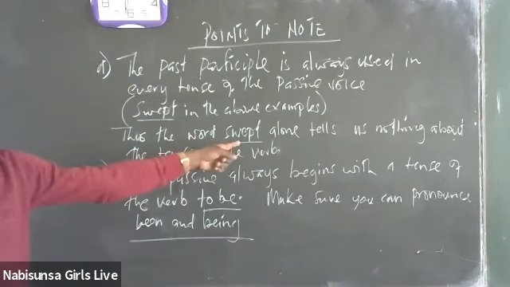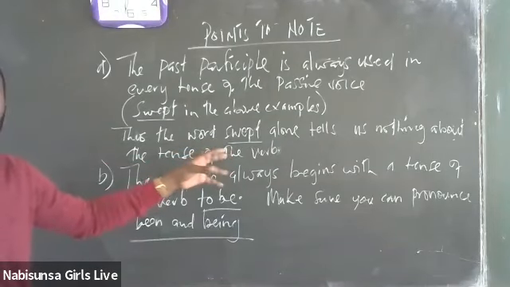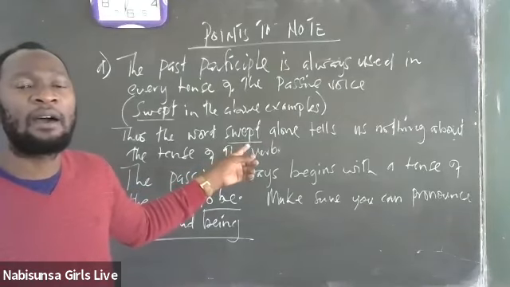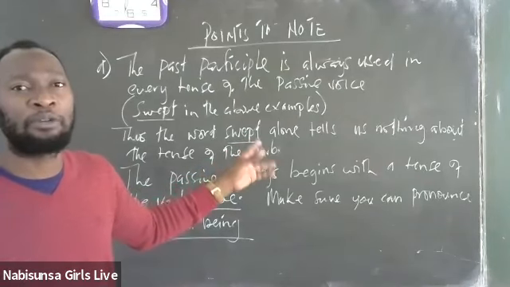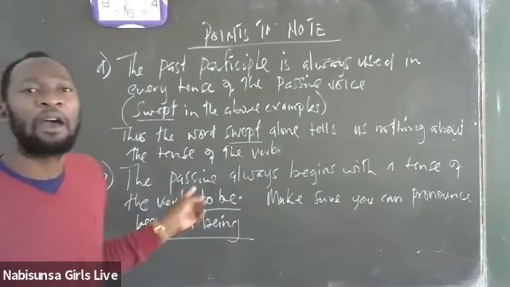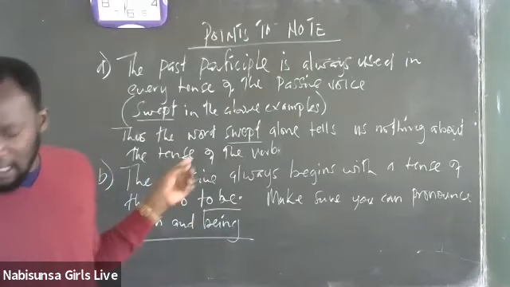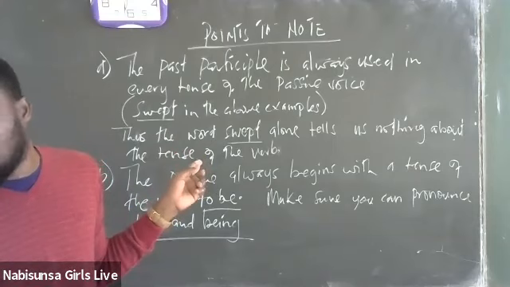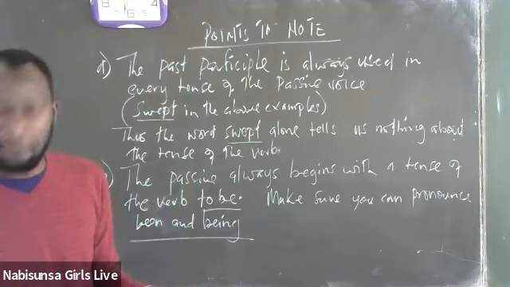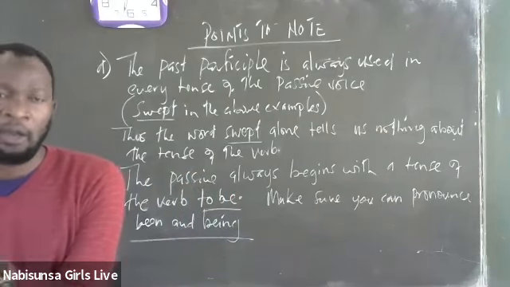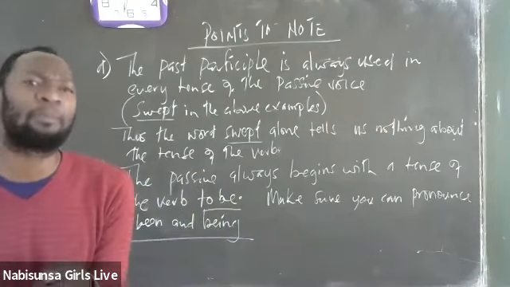So this verb here, swept, has to be modified a bit, so that we can have a past participle form of the verb. For example, how are we modifying this one? When you look at the first sentence there in the present continuous, under the column of the passive voice, we have is being swept.